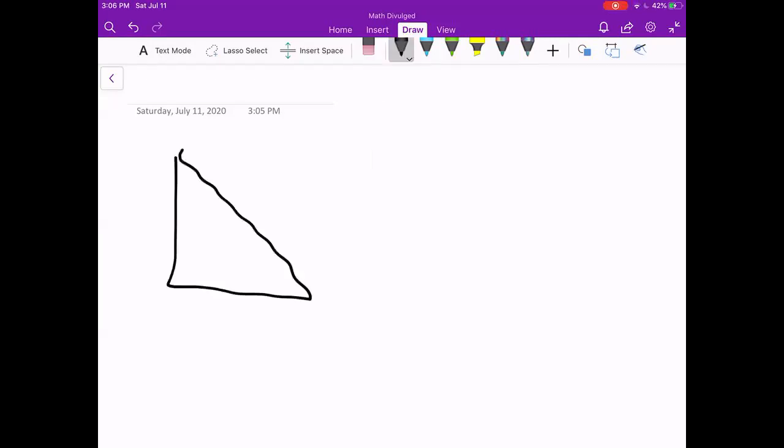Let's say this is a 45, 45, 90. This is 45, this is 45. And then we also have a 30, 60, 90 right triangle, which is another very common triangle that appears in math. The larger angle here will be 60, and the smaller angle here will be 30.